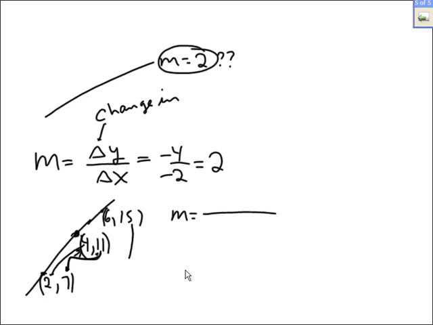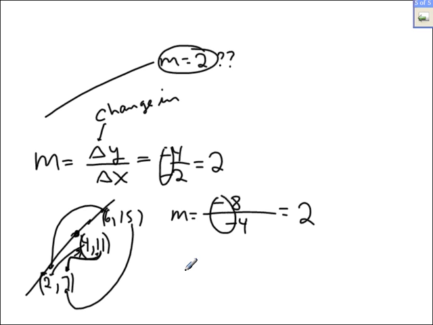For example, if y goes from 15 to 7, it went down 8. And if x goes from 6 to 2, it went down 4. Negative over negative, just like up there is positive, and 8 over 4 is 2.